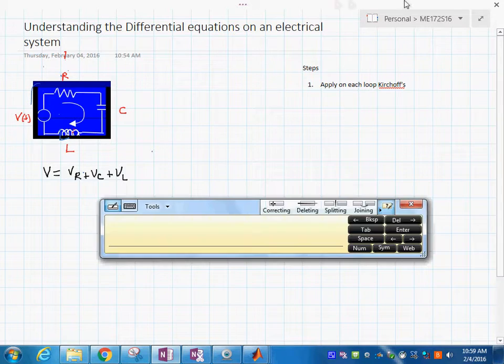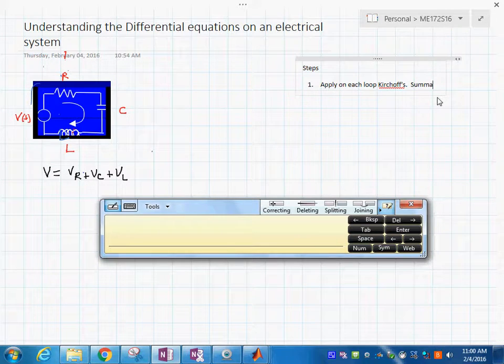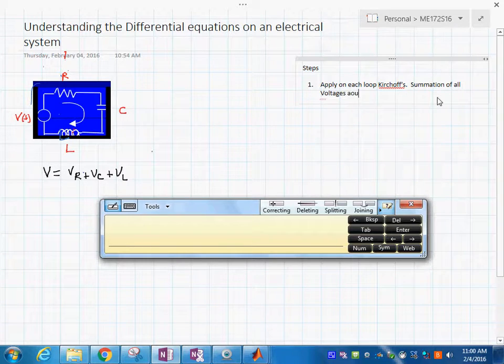Perhaps it's a good idea to write down that the summation of all voltages around a loop should be 0.